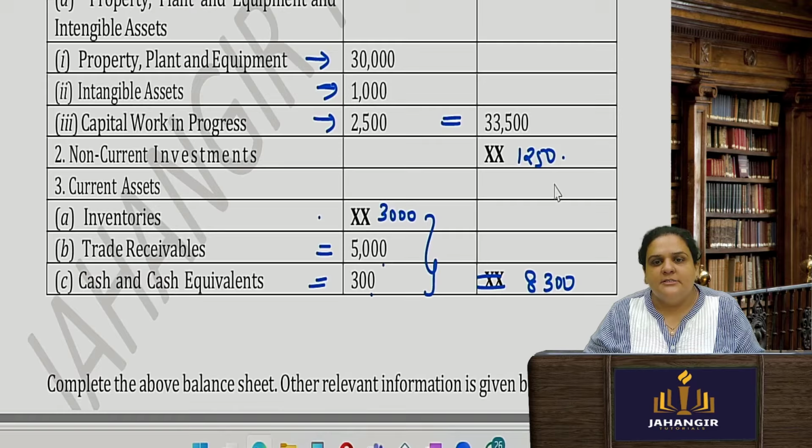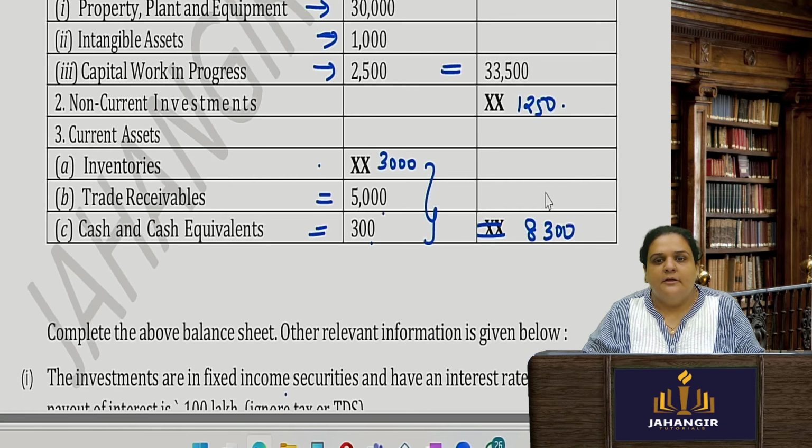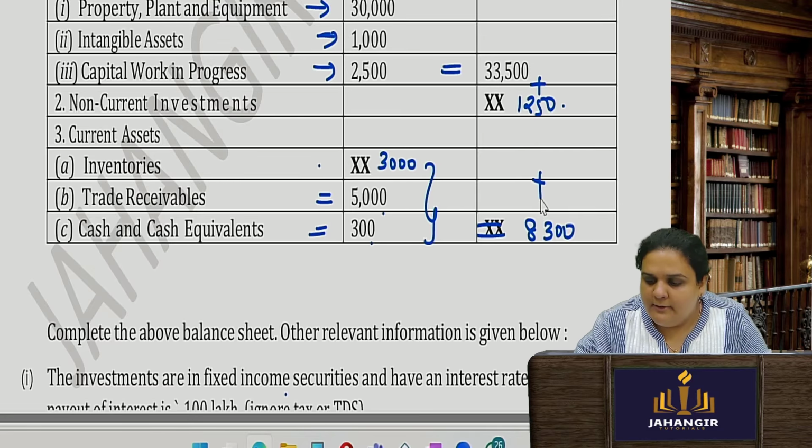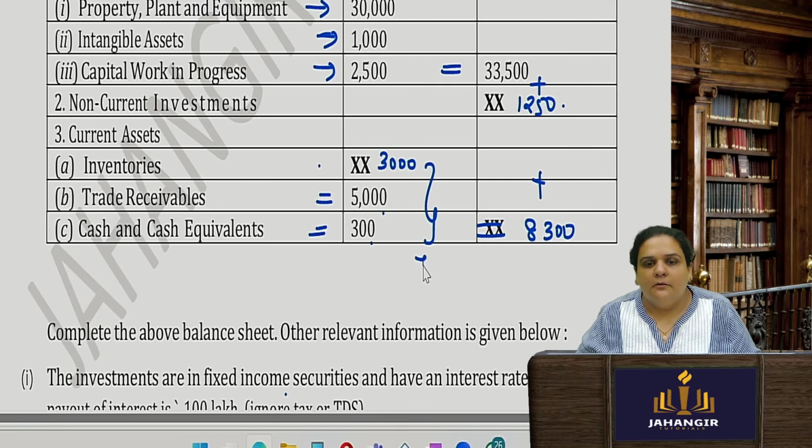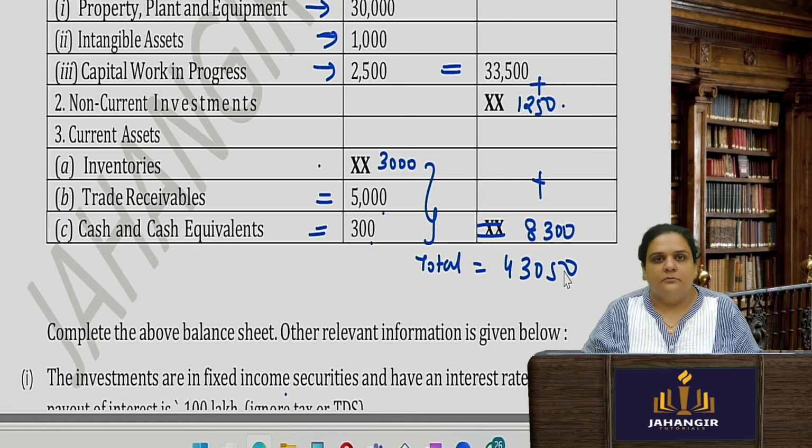So current assets total I know, current asset side 33,500 plus 1250 plus 8,300. Total will be 43,050.